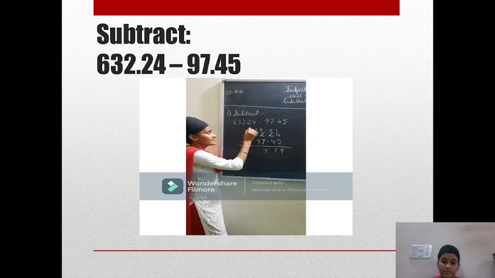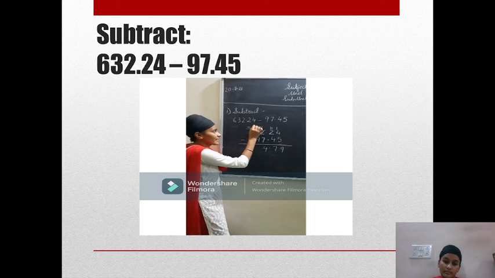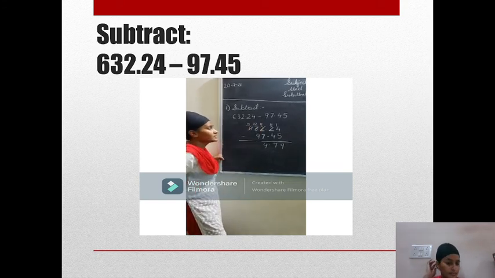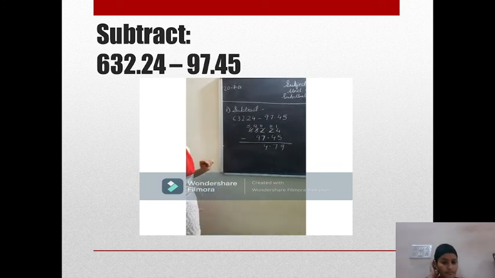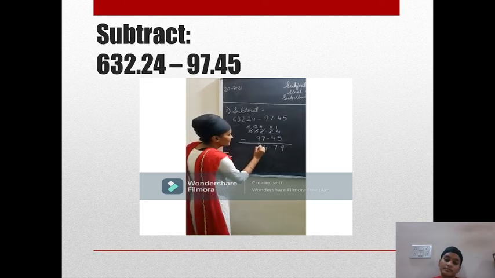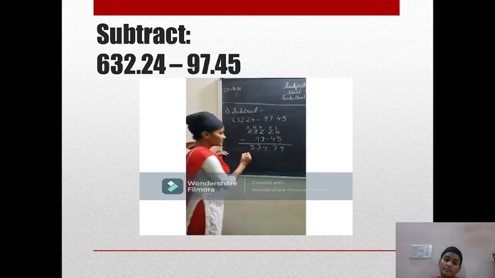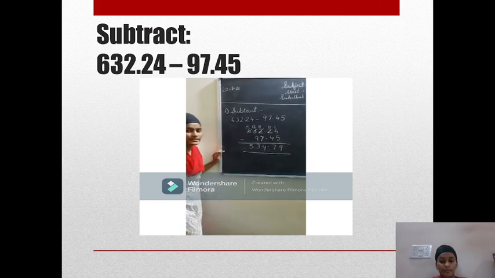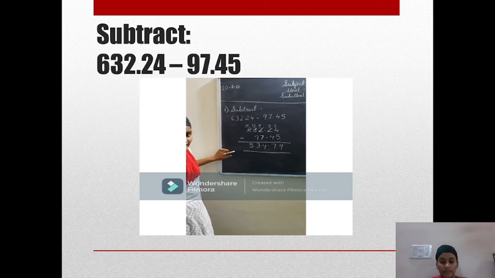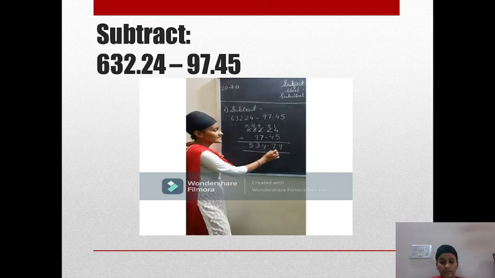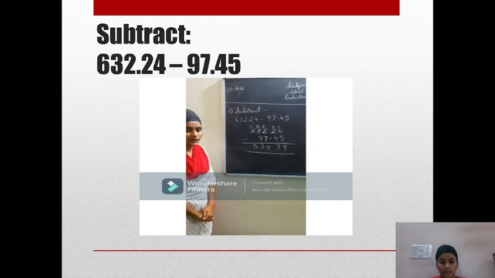So cutting this 6, I will write 5 and I will add a 1 from this 6. So 12 minus 9 is how much, students? 3. And then this 5 will remain as it is. So what is your answer, students? 534.79 is your answer.